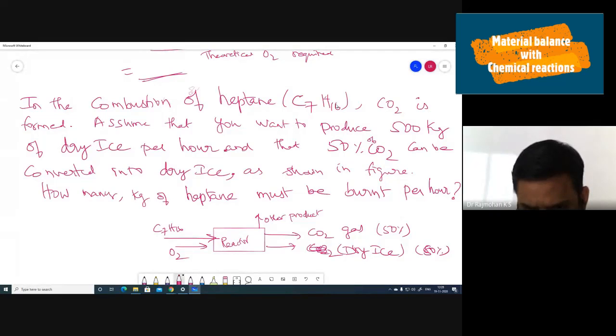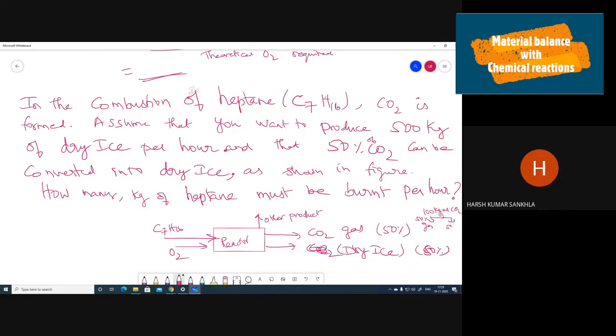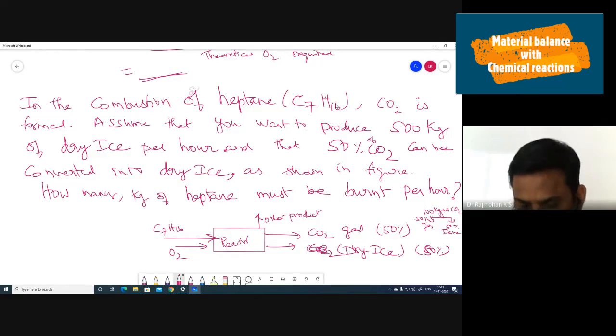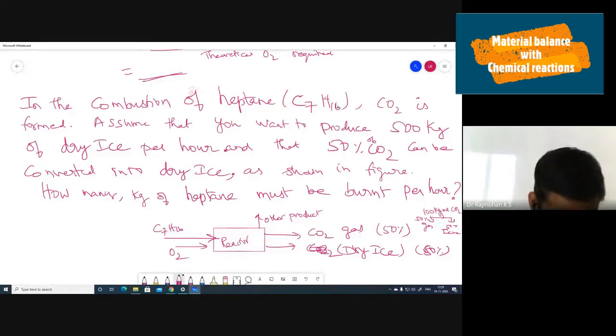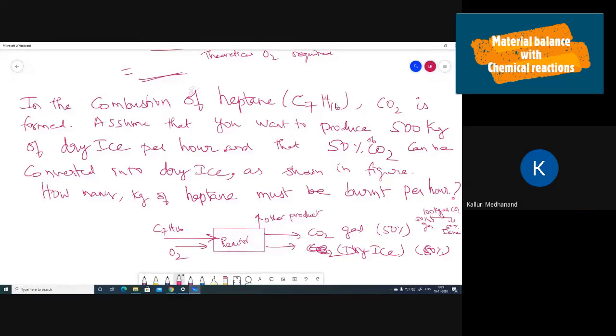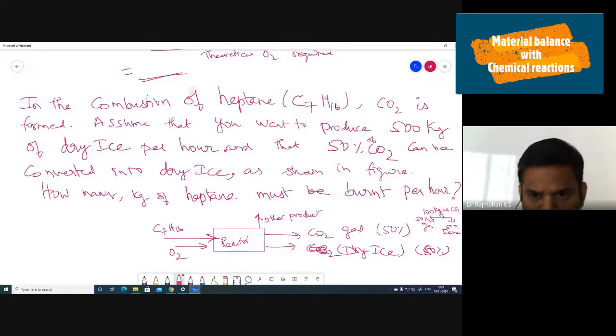That's what I told with the example. If 100 kg mole of CO2 is formed, 50% is going as gas and 50% is going as ice. Sir, so the efficiency here is 100%, right? Yes, we are intrinsically assuming that. It is not mentioned, we are assuming it to be 100%.